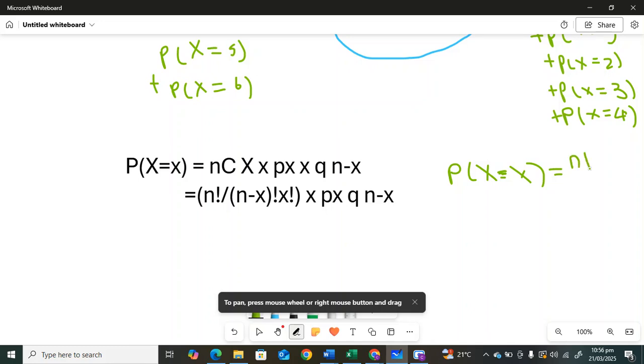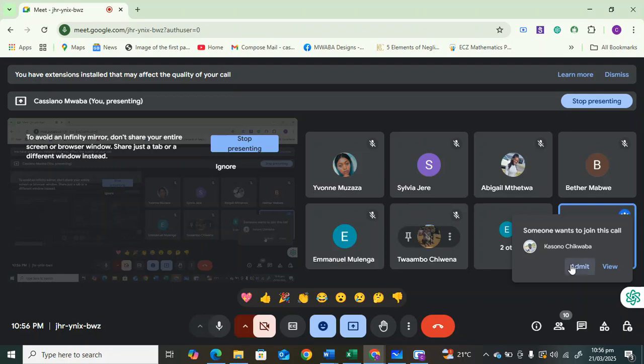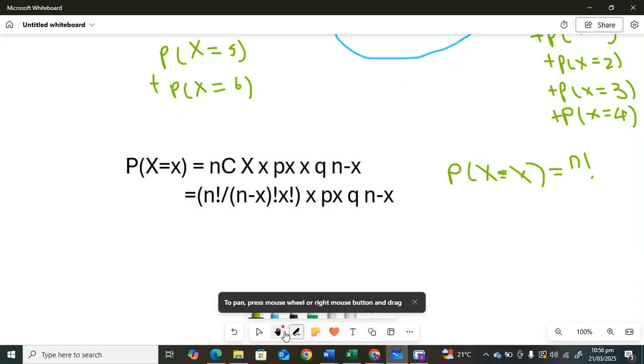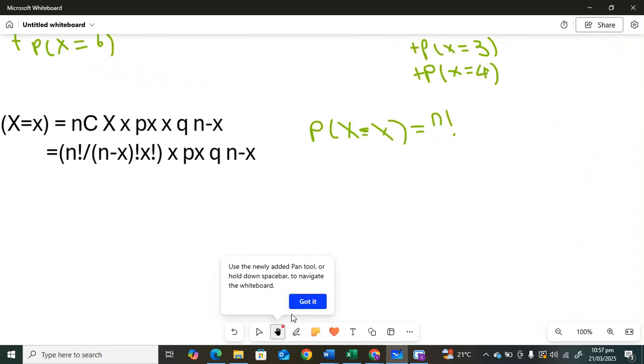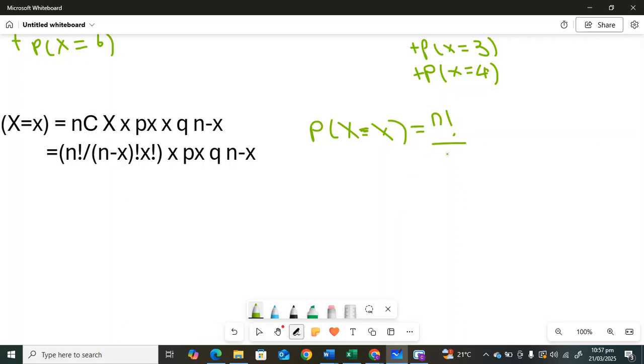Let me just write the formula down. n factorial over n minus x factorial, x factorial, multiplied by p to the power x multiplied by q to the power n minus x.